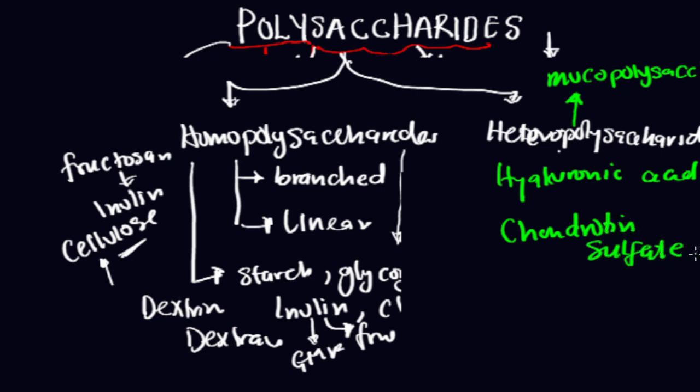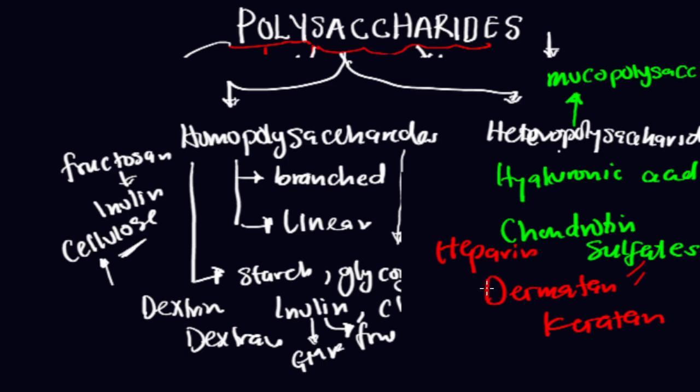We have dermatan sulfate, those kinds of names. We have keratan sulfate as well. We have heparin. We have many of them, and most importantly, agar, and also pectins. So those are the types of heteropolysaccharide that we have.